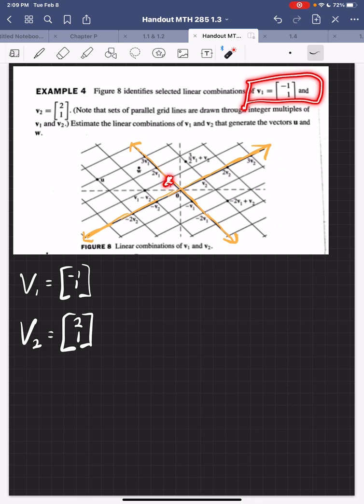If we think about all the multiples of v sub 1, here would be 2v sub 1, 3v sub 1. We can also go the other way, negative v sub 1, negative 2v sub 1. So for intents and purposes, you can think of this as the x-axis. And here is v sub 2, and likewise, once you scale v sub 2, you get 2v sub 2, 3v sub 2, etc.